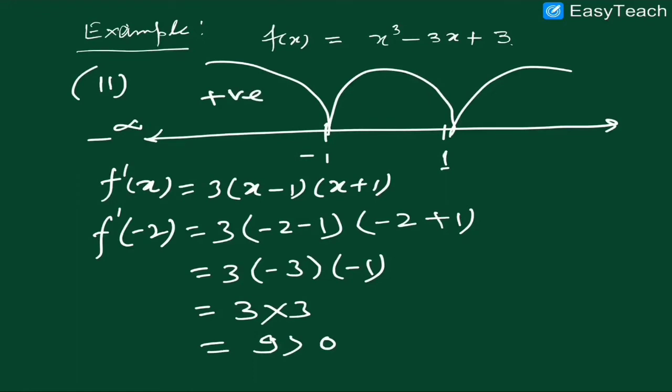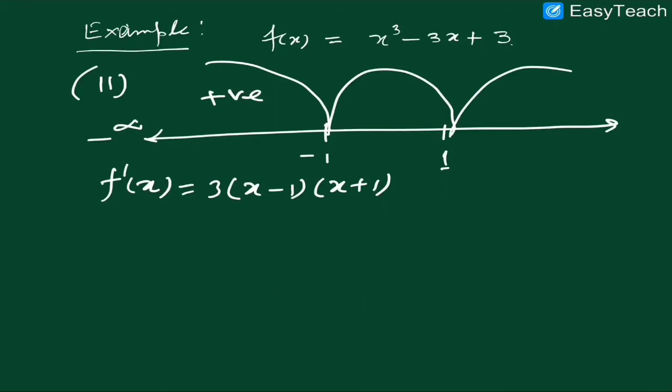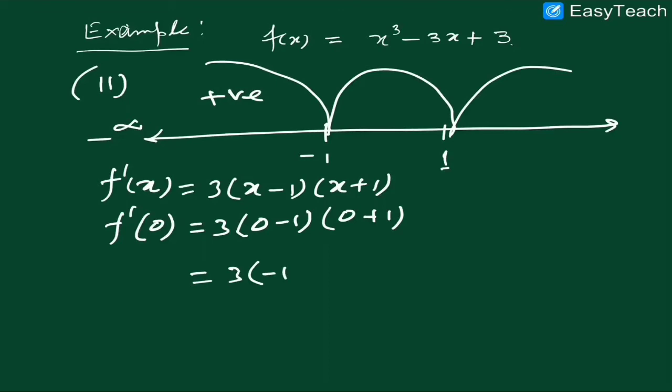This is positive. To check the sign of f dash x in the interval minus 1 to 1, we take x equal to 0. Therefore, f dash 0 is equal to 3 into (0 minus 1)(0 plus 1). We get 3 into minus 1 into plus 1 equal to minus 3, which is negative. So the sign of f dash x in this interval is minus.